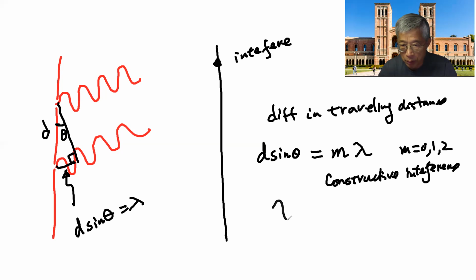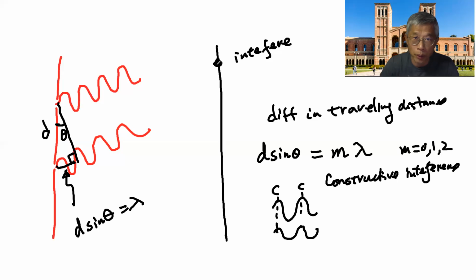Because it's a multiple of lambda, they would actually be overlapping, right? So then they will be constructive. So that's when it's constructive. So then you will see a point. This one here, say it's constructive, then this one here is going to be bright.